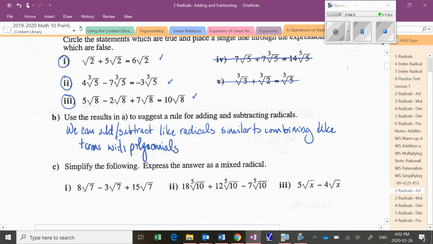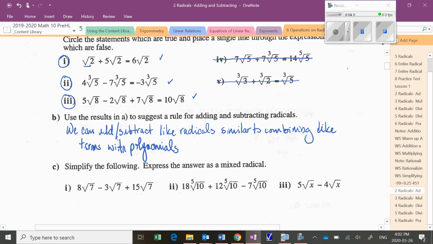Okay, and so with like terms with polynomials, if you recall, the variable and the exponent had to be the same, and then we just combined the coefficients. So it's exactly the same thing here.